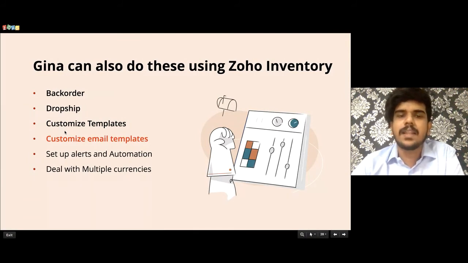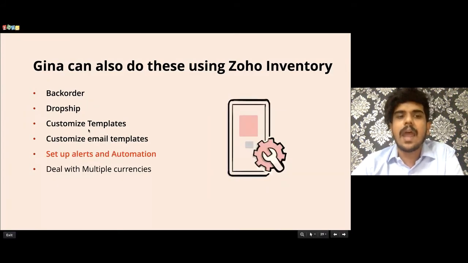We would have seen that there are a lot of in-app emails that are being generated. So if you want to customize the content, what exactly should be in the from address, who should be in the to address, what should be the email content, everything can be customized within the system. And we also have abilities to set up alerts and automation within the system, which I'll be talking to you about shortly.